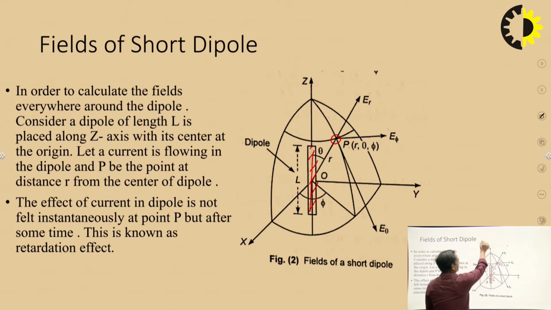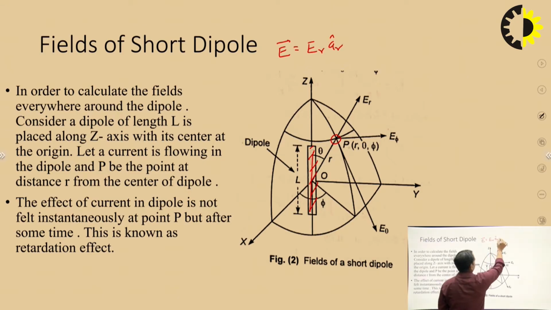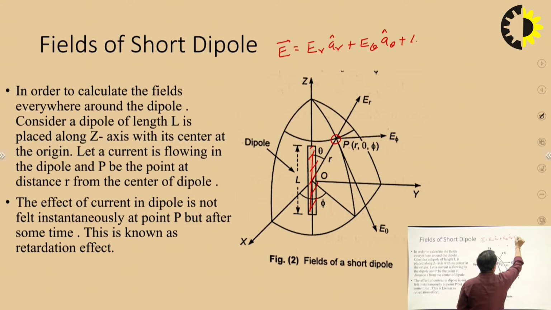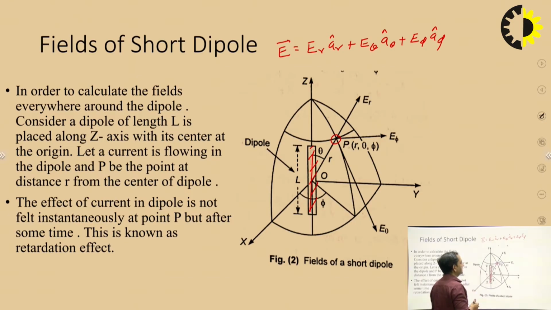If we write it in the spherical coordinate system, it will be E_r a_r plus E_theta a_theta plus E_phi a_phi.